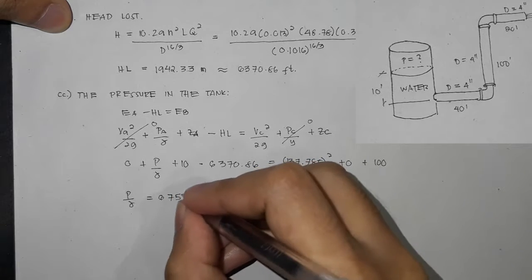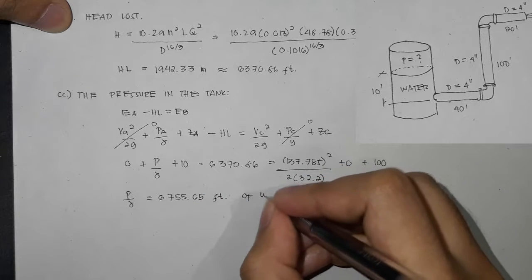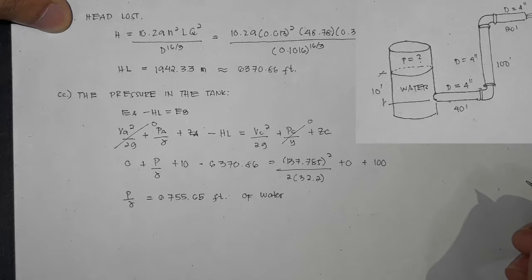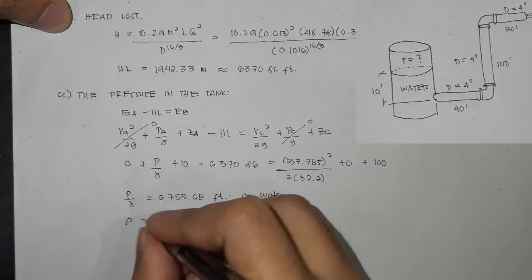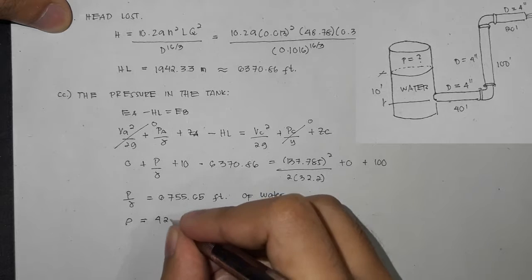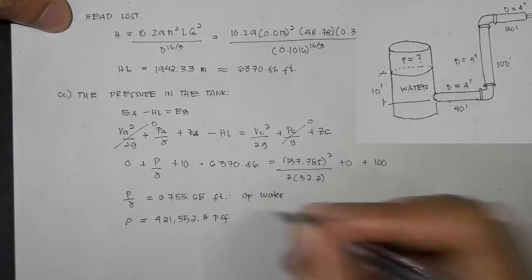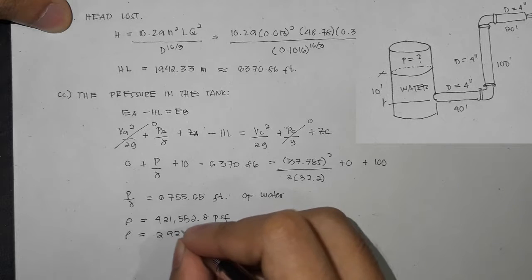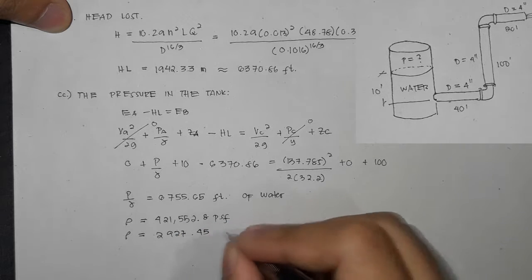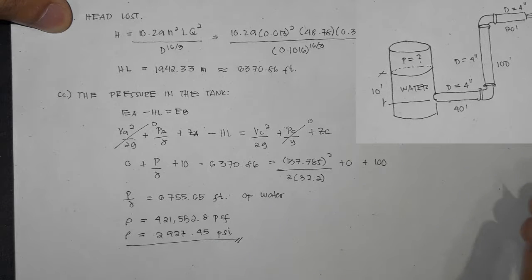Now you would get the pressure head of A would be equal to 6,755.65 feet of water. After you get the pressure head, you multiply it by the unit weight of water. This will be equal to 421,552.8 psf. Since the required is psi, you would then convert it. So now the pressure would be equal to 2,927.45 psi.